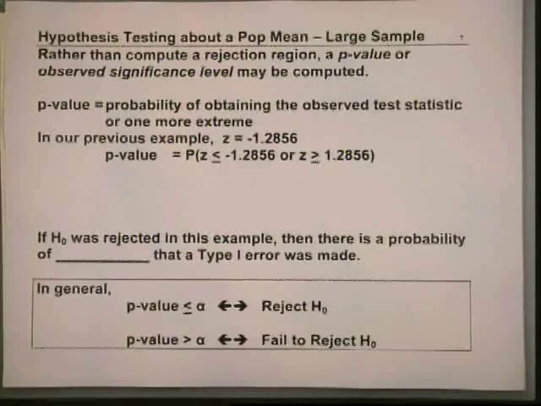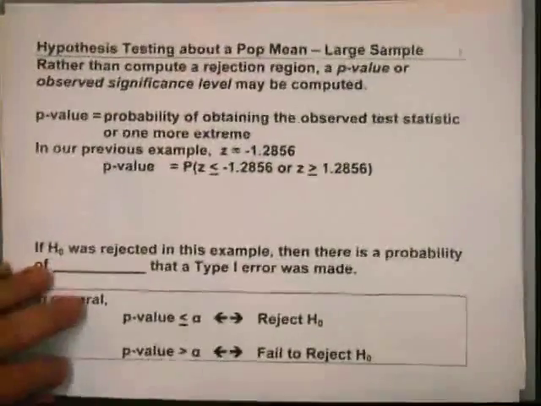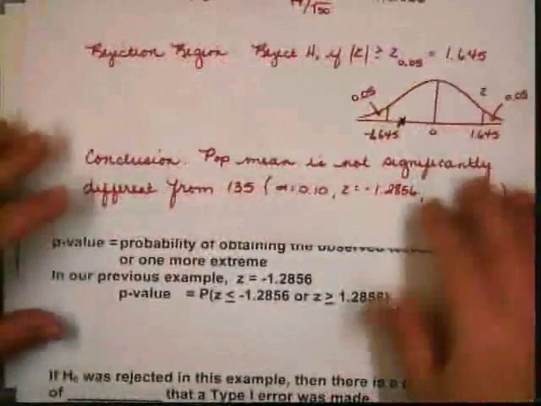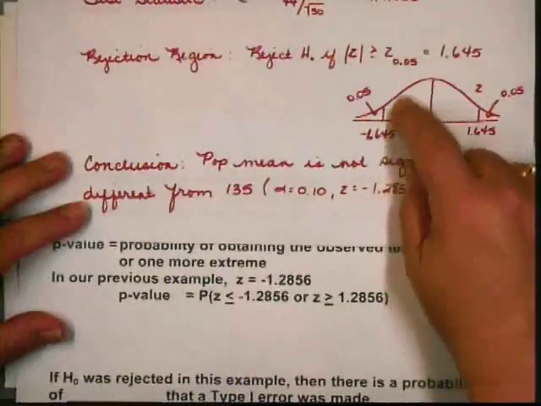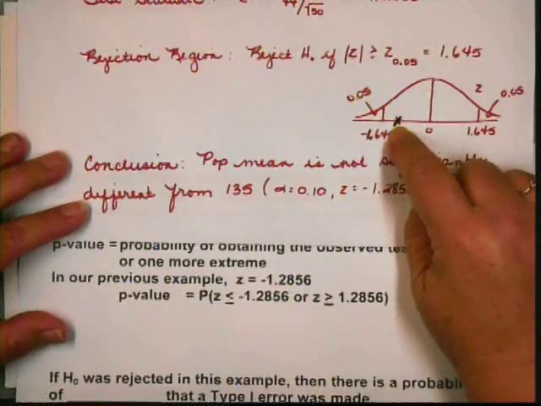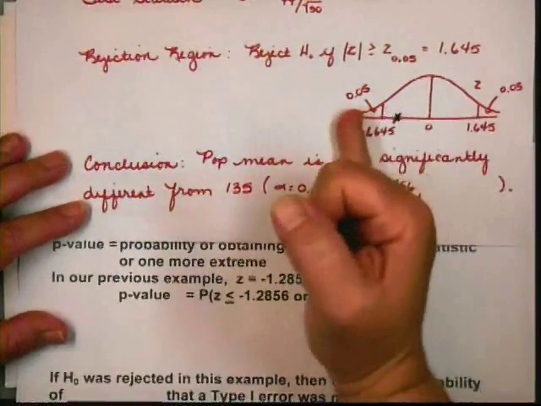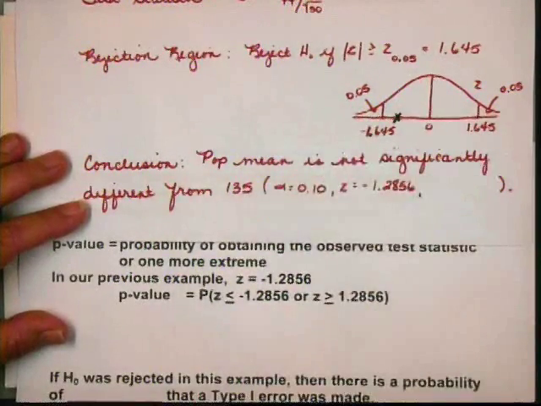So a p-value is the probability of obtaining your observed test statistic or one more extreme. Okay? What would be more extreme for us? All right, here is our negative 1.2856. So more extreme would be farther to the left, since we're on the left side of the distribution. Agreed?